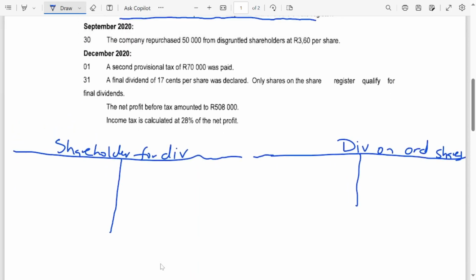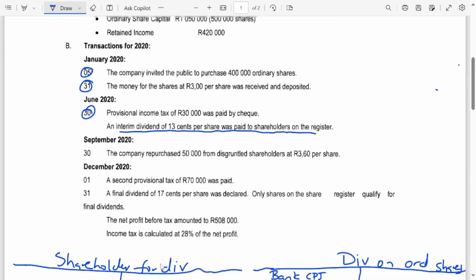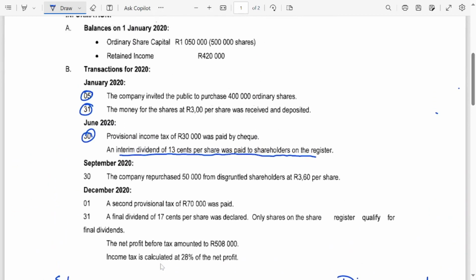So if we made a payment, it means that we have paid dividends. So if we pay the dividends, it means that the expense of the dividends is increasing because we have paid the expense for the dividends. So because we paid it, it's going to be the CPJ.